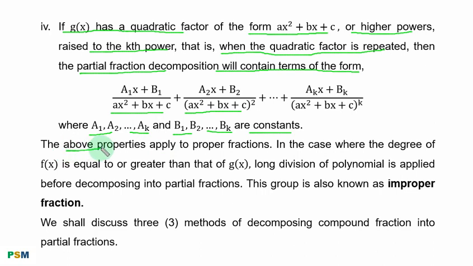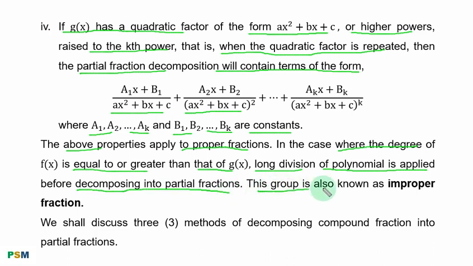The above properties apply to proper fractions. In the case where the degree of f of s, the numerator, is equal to or greater than that of g of s, long division of polynomial is applied before decomposing into partial fractions.